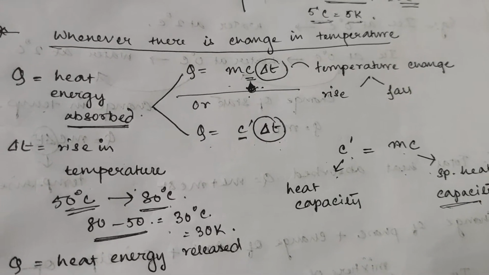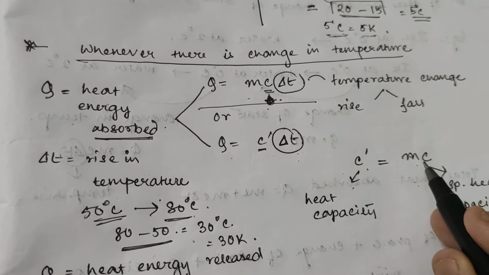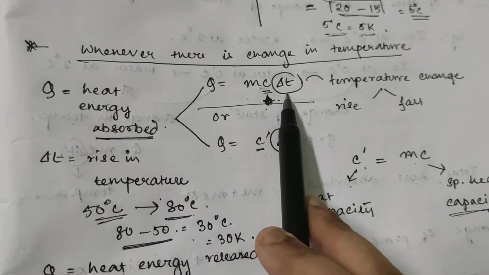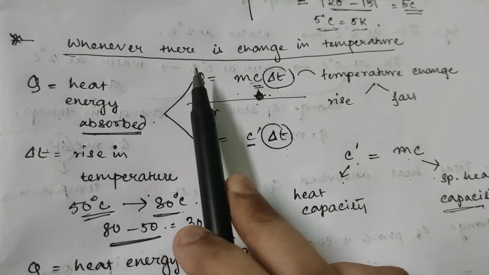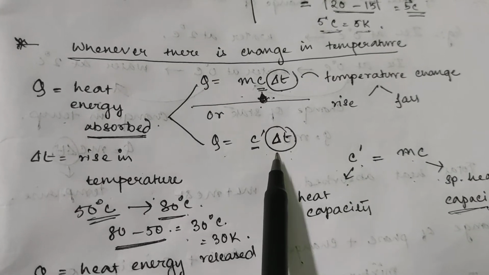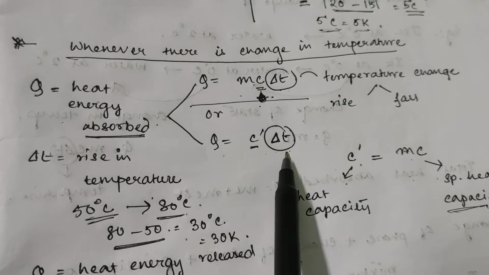Basically it will contain the unit of Q, M and T, since C is equal to Q by M delta T. C prime contains the unit of Q and T, because you can get C prime from Q by delta T.